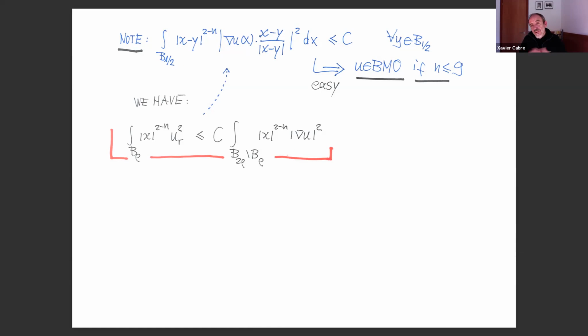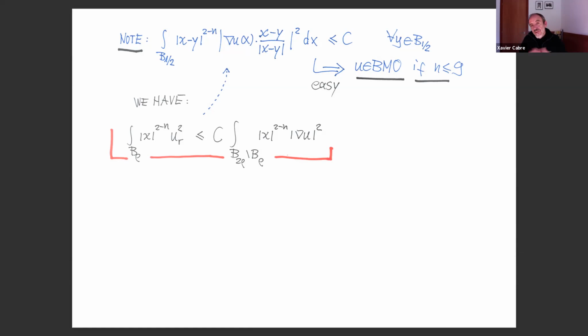Then we are done, because then the estimate that we have is for the radial derivative square with the weight. On the left-hand side, you have it integrated in a ball, here on the annulus, and then what is called the hole filling technique allows you to conclude.